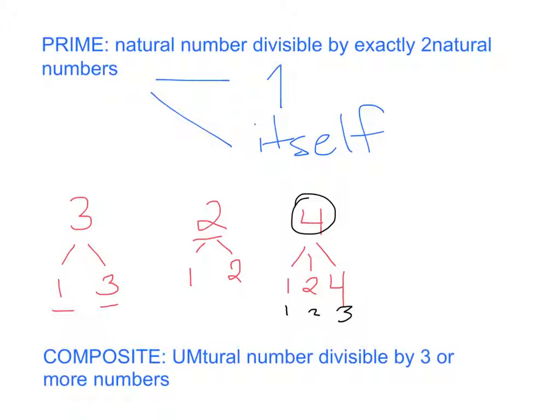And a composite number is a natural number, again, any whole number that you can count up by 1, 2, 3, 4, 5, all the way up. So it's a natural number that is divisible by 3 or more numbers.